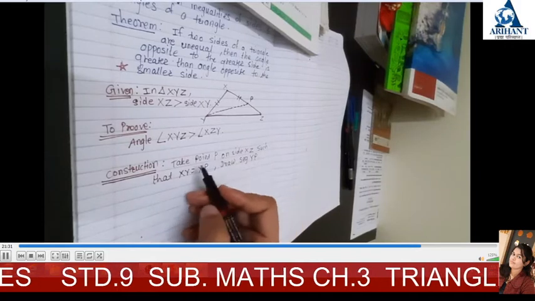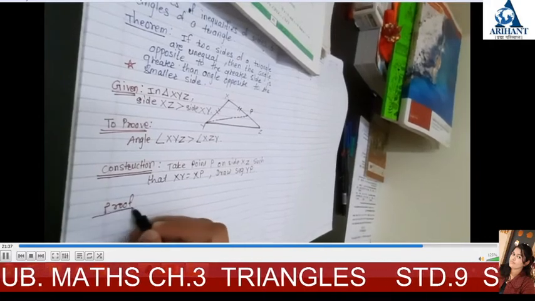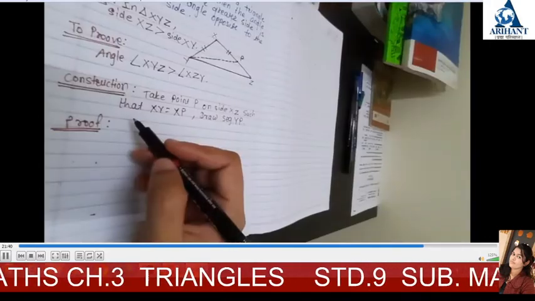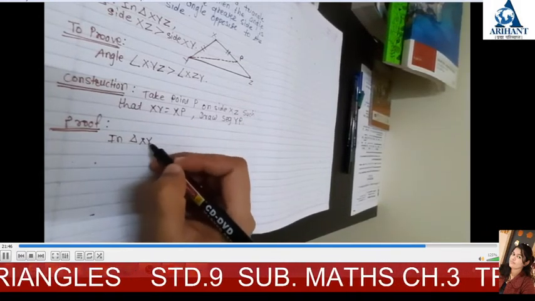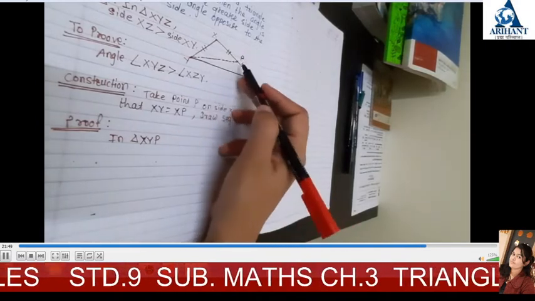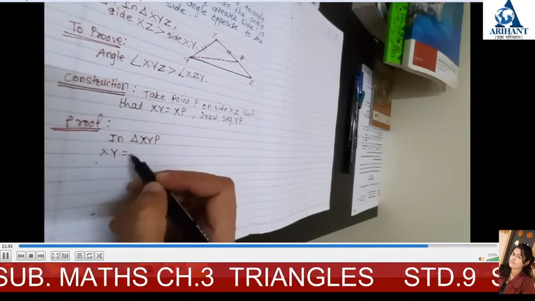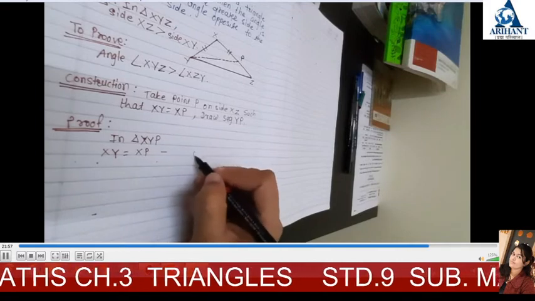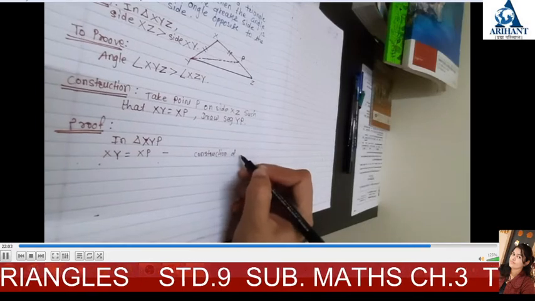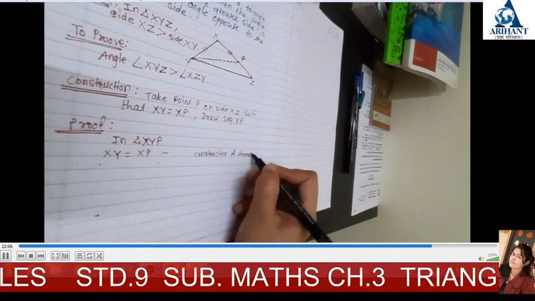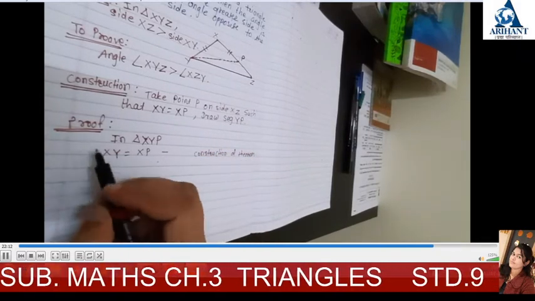Now let's move to the proof. In triangle XYP, XY is equal to XP, which is the construction of the theorem.